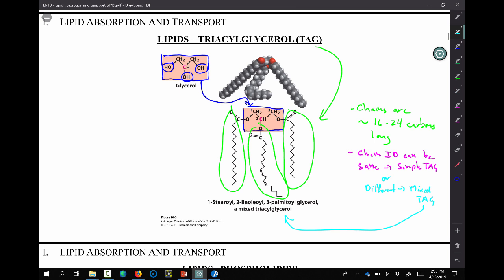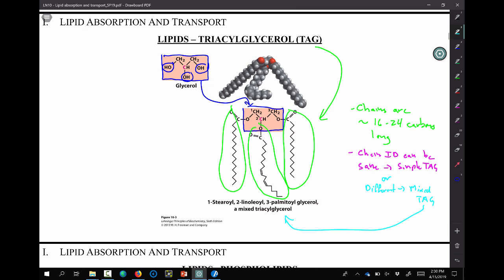When we think of fats in terms of storage, this is how we store them. In adipose tissue, the fat droplet is this. It's comprised of these. When we consider ingestion of lipids, this is the primary source of our lipid ingestion, triacylglycerides as well.